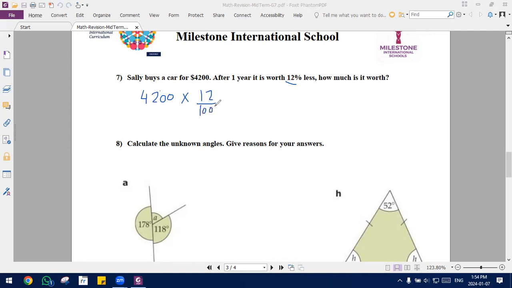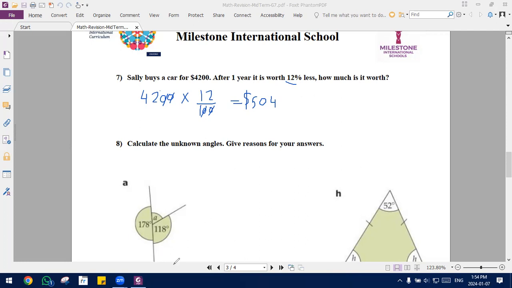The same thing, we simplify. We remove 2 zeros from here and 2 from here. Now, 42 times 12, you can do it by long multiplication, or you can do 42 times 10, 420, then 42 times 2, and then you add them together. So the answer is 504. $504. Is it the price of the car? Of course not.